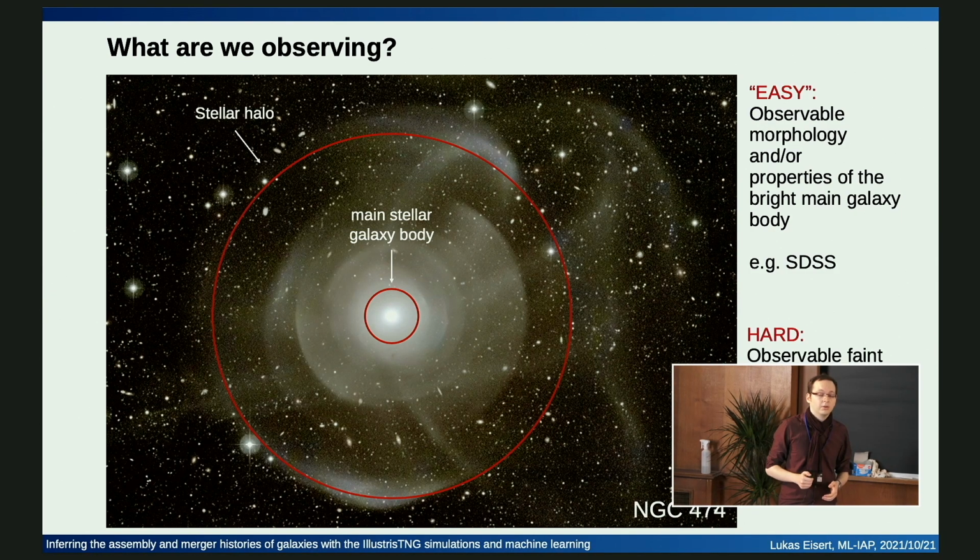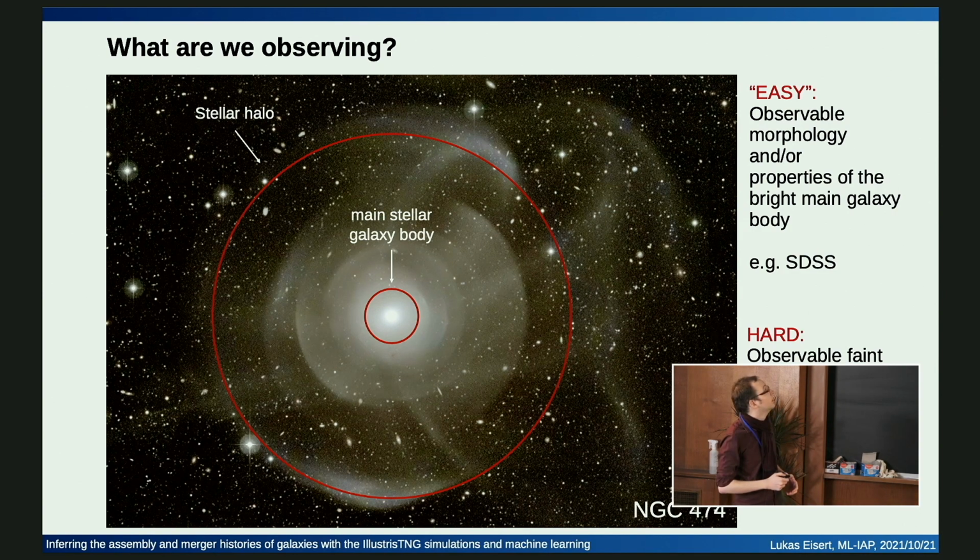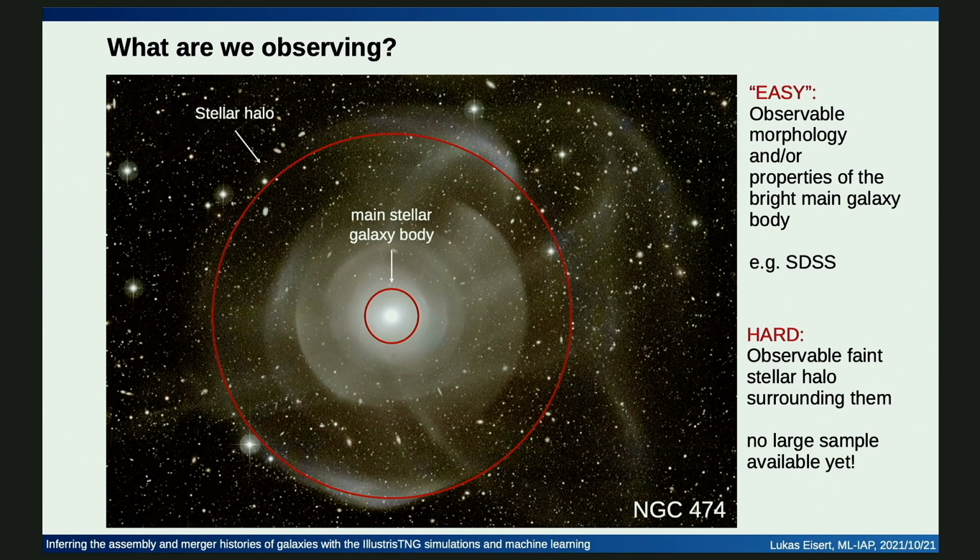Another thing I want to look at is the stellar halo, so the stuff around that main galaxy body. As the name says, it consists of stars, and from simulations like Illustris, we know that these come mostly from accreted galaxies. And we also know, to a certain extent, that these features you see here, so the shells and the streams, are also related to the merger history.